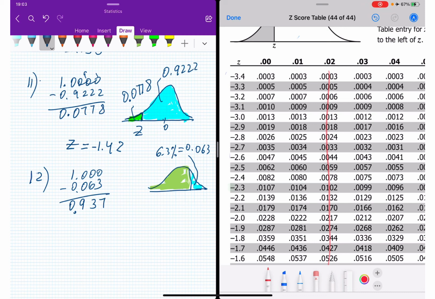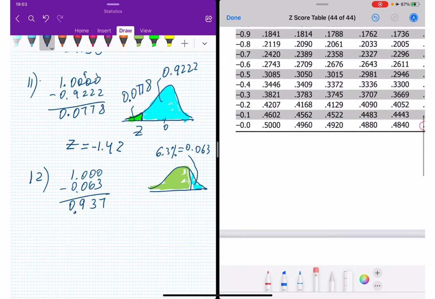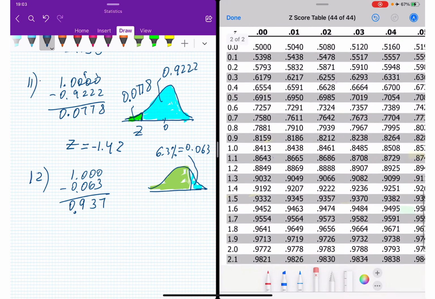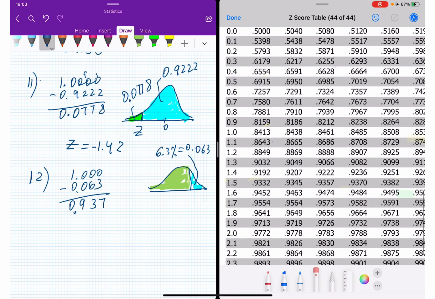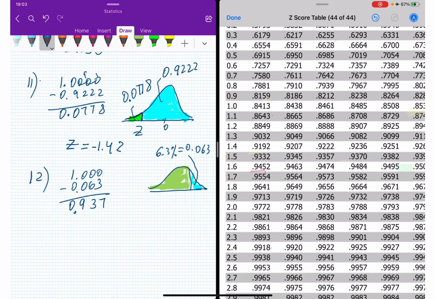Okay, let's find it, 0.937, which means we are going to look in the positive area. So 9 is here, this is 9.452, so it will be somewhere here. 9.3, oh, here it is, 9.357, oh, here it is.